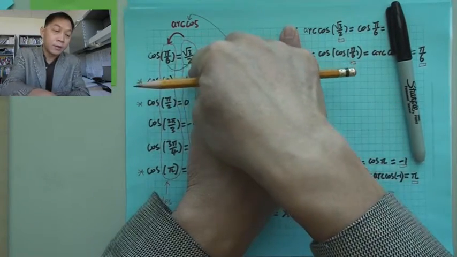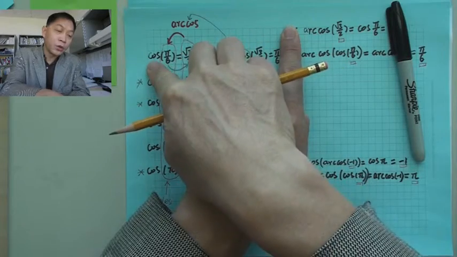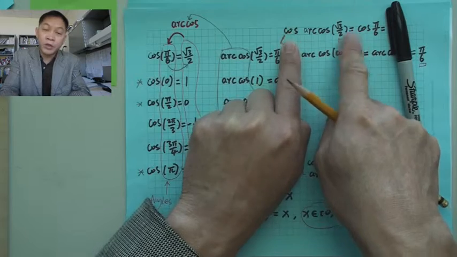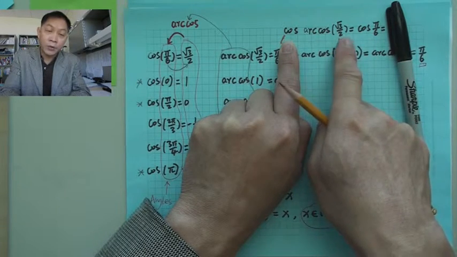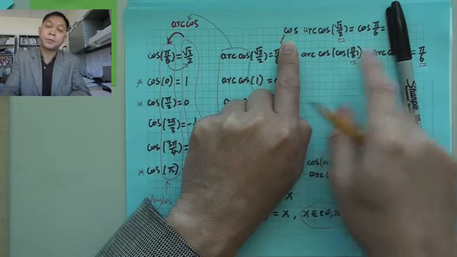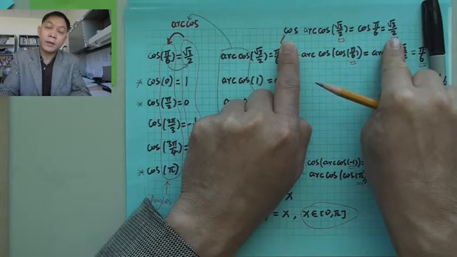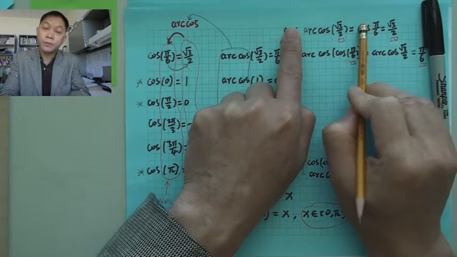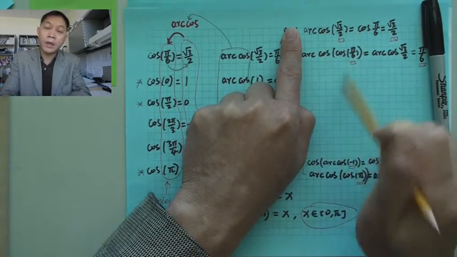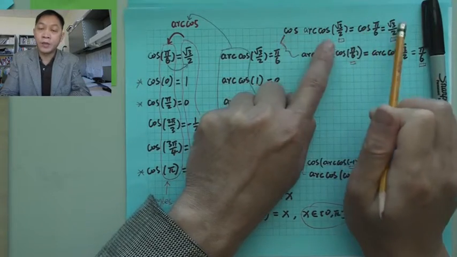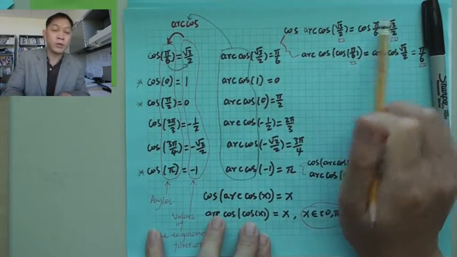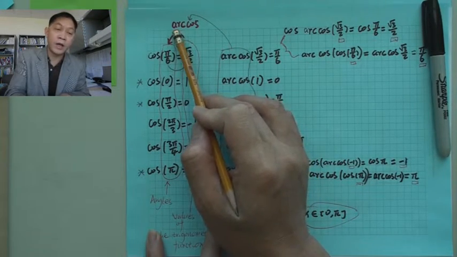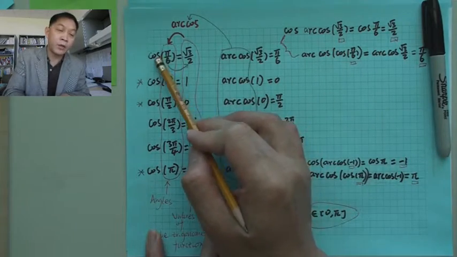If you want to go back, you use cosine. So if you put cosine in front of it, it goes back to the same value, radical 3 over 2. So value goes to the angle, and then using cosine goes back to the same value.